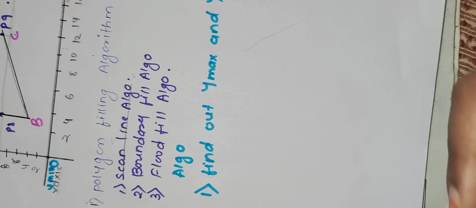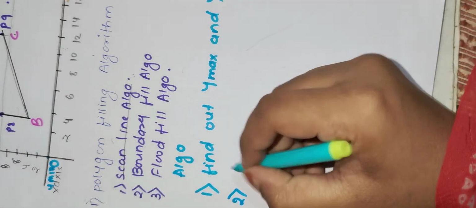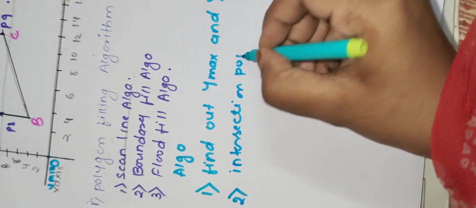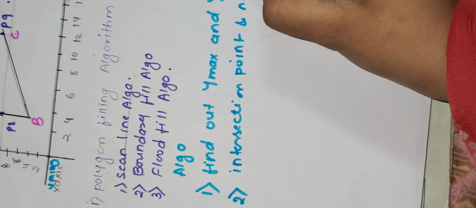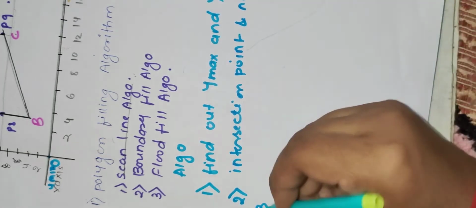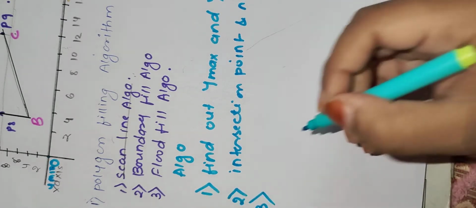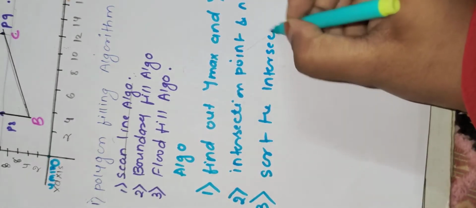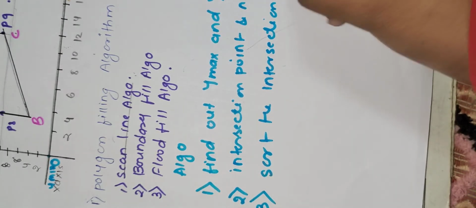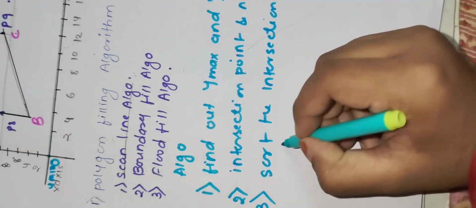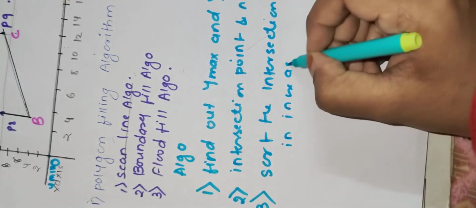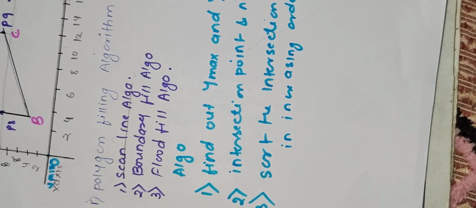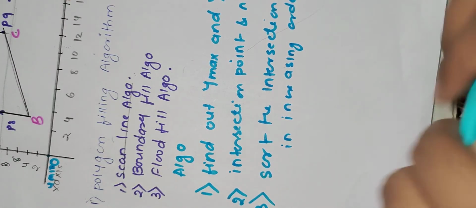Now the third point: sort the intersection points in increasing order.